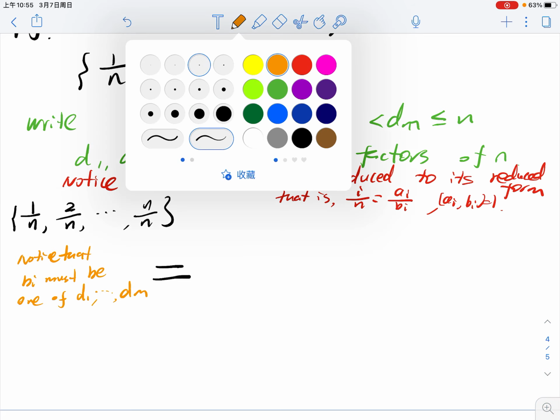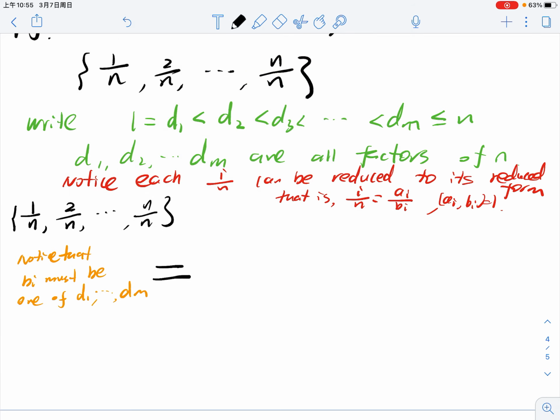Therefore, you can write in this way. First, you consider the elements whose reduced form has denominator 1.